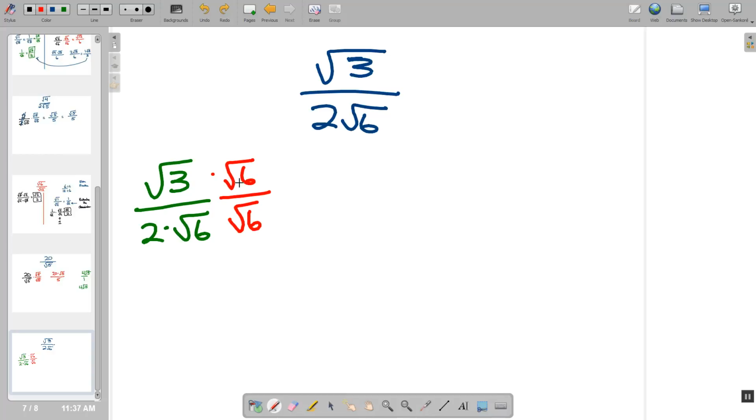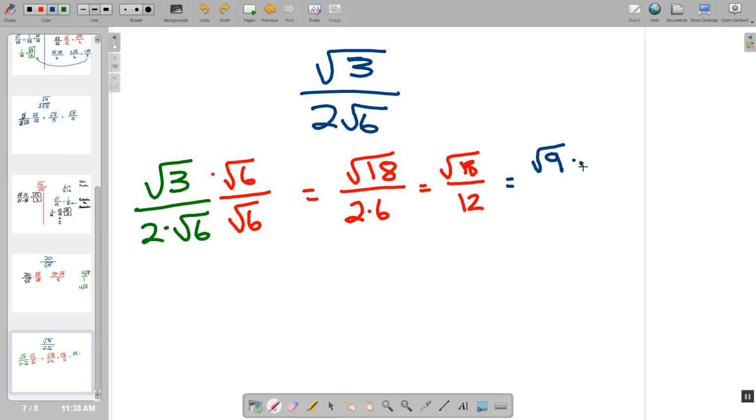So my top of my fraction becomes square root of 18. The bottom becomes 2 times 6, which is equal to 12. Now, the problem here is that the square root of 18 can now be simplified into the root of 9 times the root of 2, all over 12.